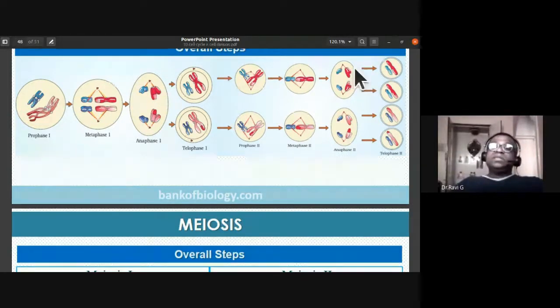And now this karyokinesis is followed by cytokinesis. There is a reappearance of nuclear membrane and nucleolus, and also of the Golgi complex and endoplasmic reticulum. So in telophase 2, you find four haploid daughter cells, and they are genetically recombined also.